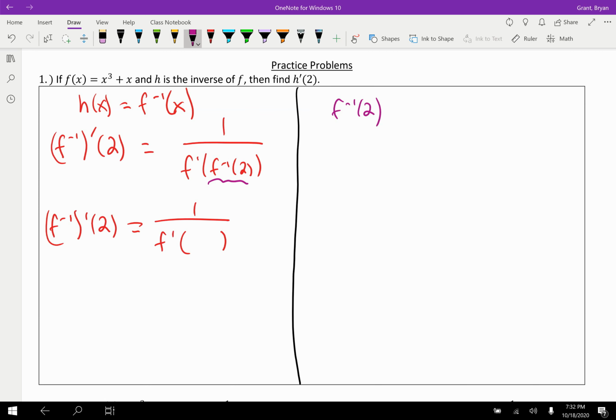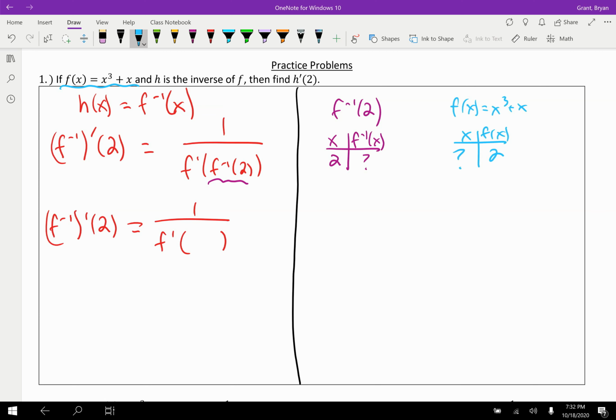Well, I showed you a trick earlier. If I'm looking to input 2 into the inverse and we're looking for an answer, then why don't we look back to the original equation? My original equation, f of x equals x cubed plus x. What does that mean on the original? It means we're getting an output of 2 and we're looking for the input.